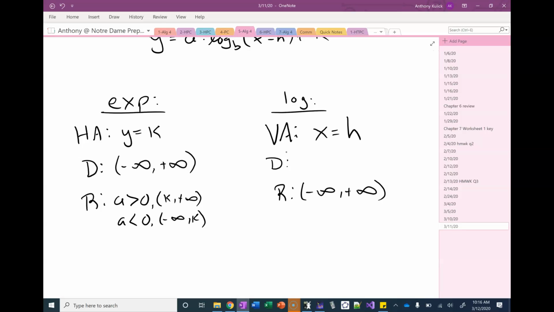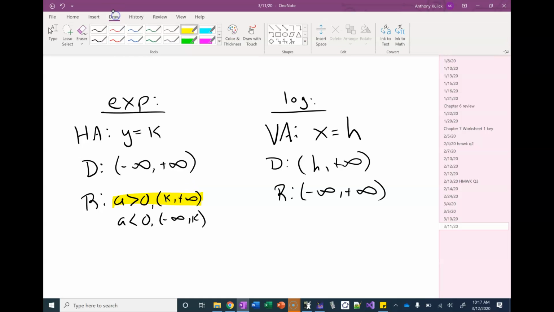If we were a little bit more abstract, we would have two situations here for our logarithmic, but it's beyond the scope of this class to do that. So here we're just going to have h to positive infinity. Which is kind of like our version here. Okay.